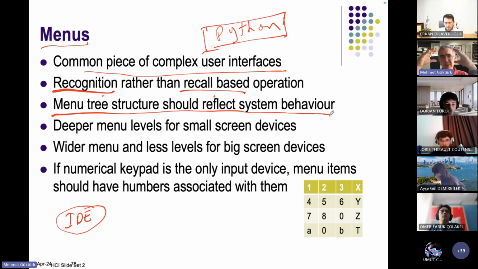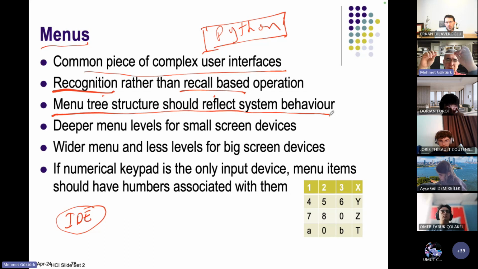So the menu you provide gives a general idea about what this application is doing. When you have smaller screens, like mobile phones, you need to have deeper menu levels. When you have bigger screens, you may have less deep menus, but more selections at the top levels.